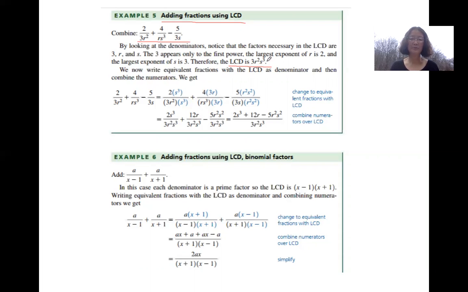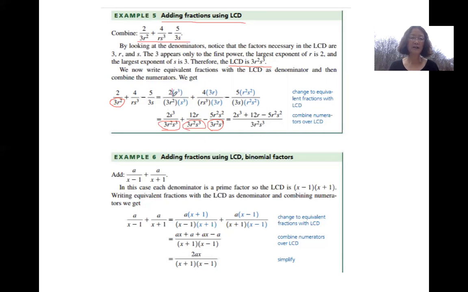We did a similar procedure before. Once you identify this LCD, every original fraction's denominator must have this LCD. For example, the first denominator is 3r squared. How do you change from 3r squared to 3r squared s cubed?